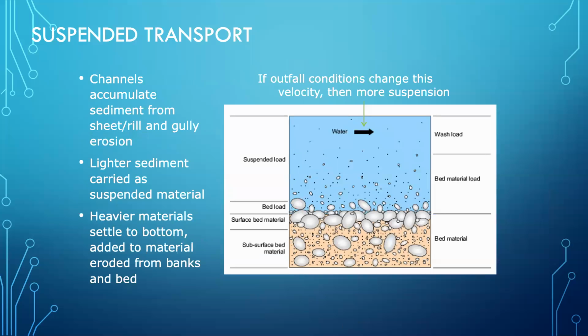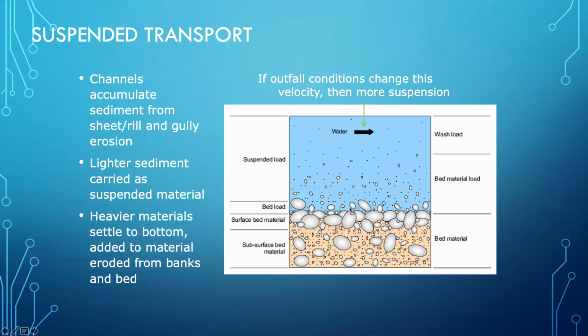So in the suspended transport phase, channels accumulate sediment from the sheet and rill erosion and the gully erosion. Lighter sediment tends to be carried completely suspended. Heavier materials settle to the bottom and are added to material from the banks. What's depicted in this figure is right down here at the solid-liquid interface. There's a portion called bed load.